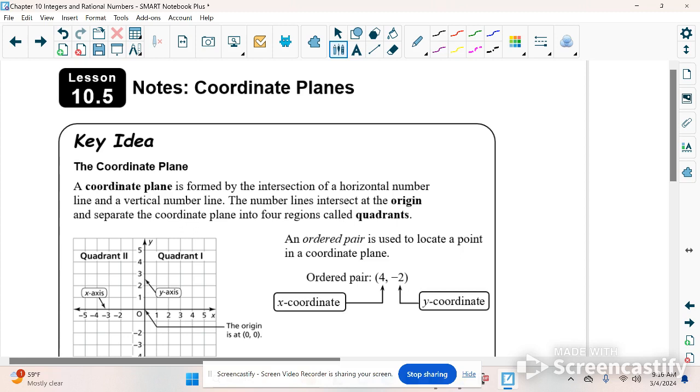Your GPS in people's cars or on your phone uses coordinates to tell the location of how to get somewhere. If you go to New York City, the city is actually mapped out on a coordinate grid and all the streets intersect, kind of like this coordinate plane here, how you see all the little squares.